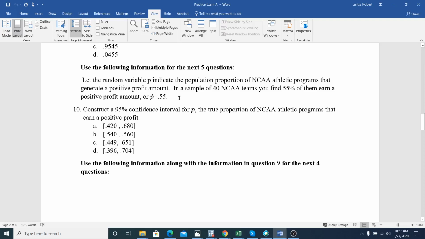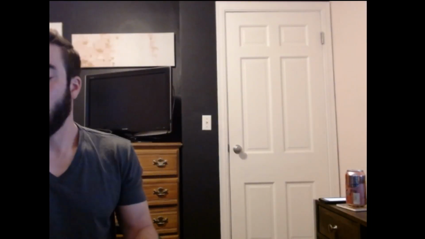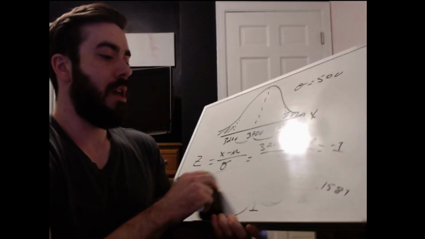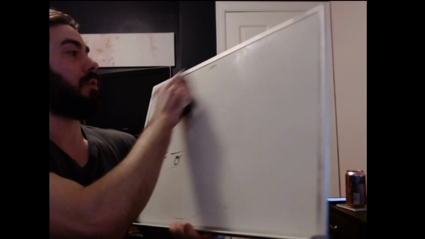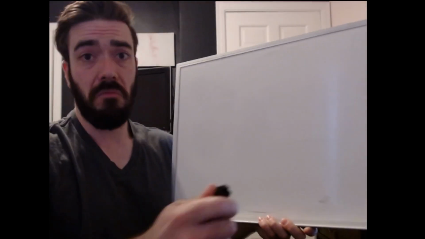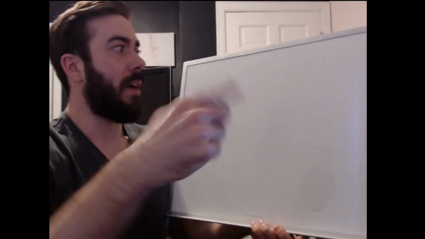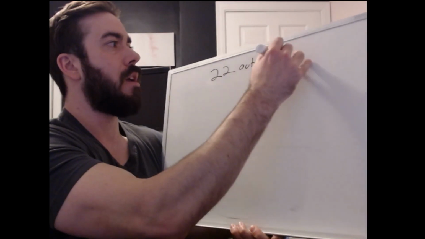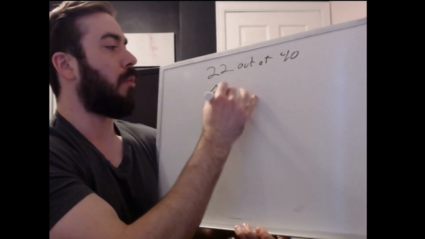Now, one thing I could have done here is not directly tell you what that proportion was. I could have told you that 22 of the 40 schools that I sampled from had a positive profit amount. If I tell you that, 22 out of 40, how could I find my sample proportion?